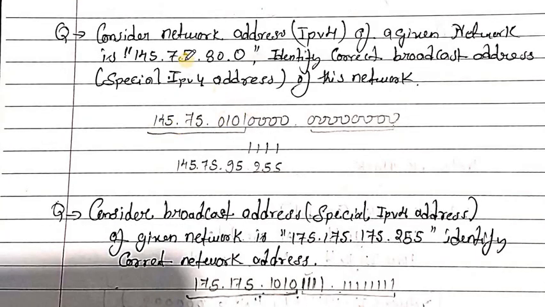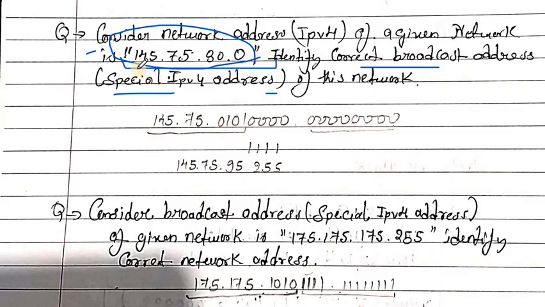Here are some questions. Consider the network address of a given network. These are the IP addresses of a given network. Identify the correct broadcast address of a special IP address. That means we are given the IP address and we have to find the correct broadcast address.